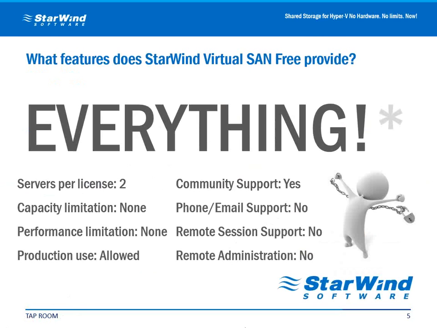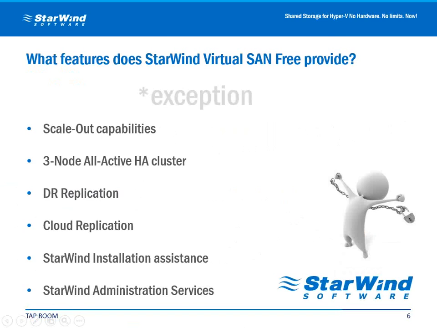Okay, so let's take a closer look at that asterisk sign on the right side of the "everything" and find out what exactly this means. What does the StarWind free version not provide compared to the commercial license? There is no scale-out capability, which means you can increase your production storage only by scaling it up, which is still an option, but scale-out is trending right now for a lot of reasons.